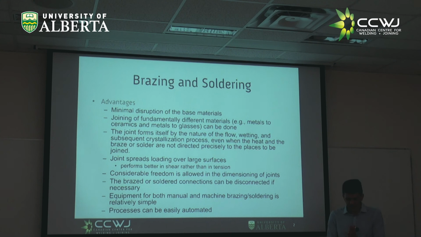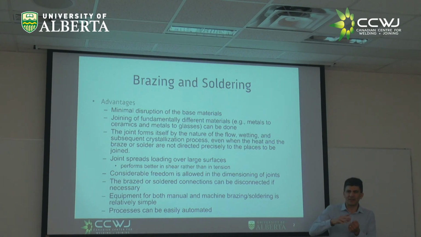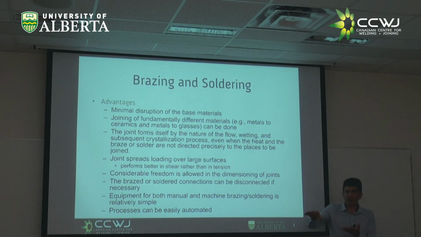The joint happens by the flow of the metal, and for the flow of the metal, what you need is capillary action. I'll show you more in the next slide, right? But if you wet a paper, you see that the water propagates through the paper. For example, a paper towel. If it is wet, the water starts to propagate, right? That's capillary action.